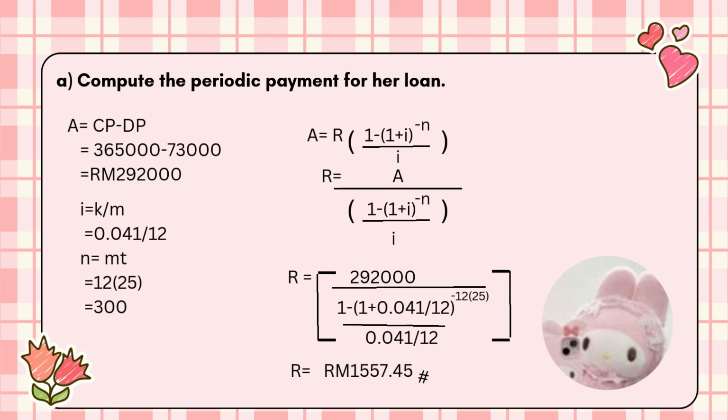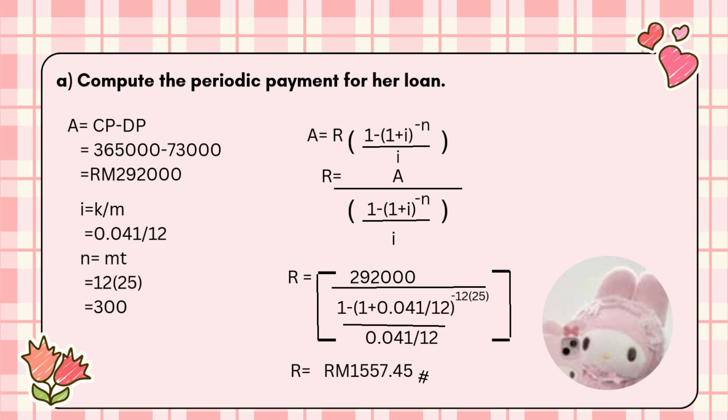And now you can use the formula, which is A equals R times 1 minus 1 plus I to the power of negative N, divided by I. You need to switch the I and R place, and now R will be multiplied and the A will be divided.